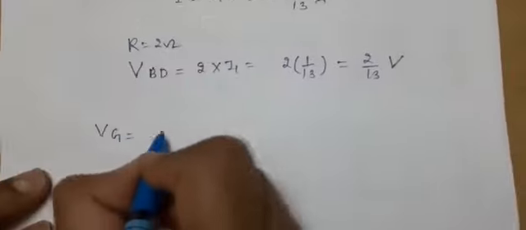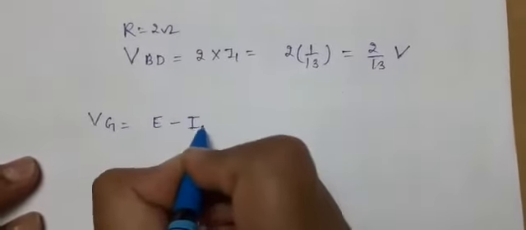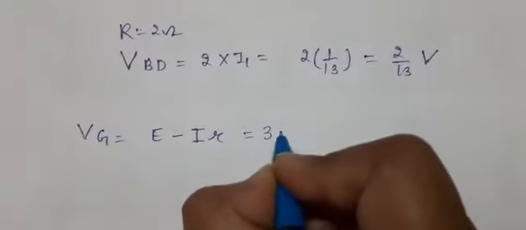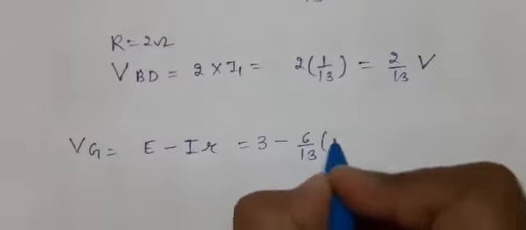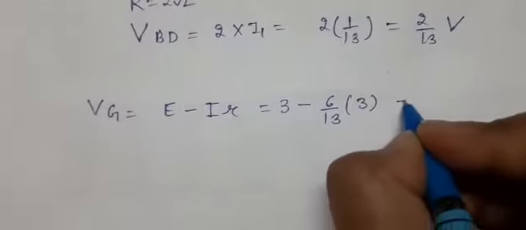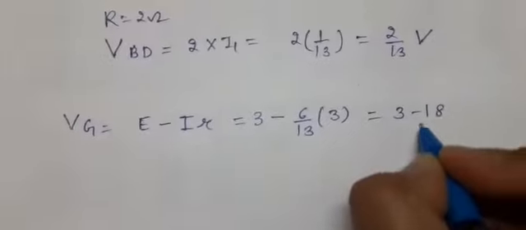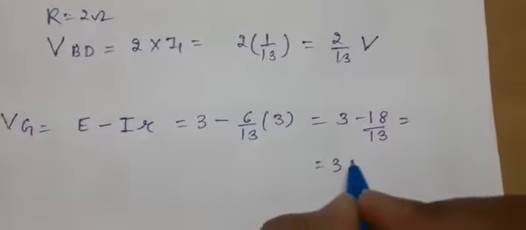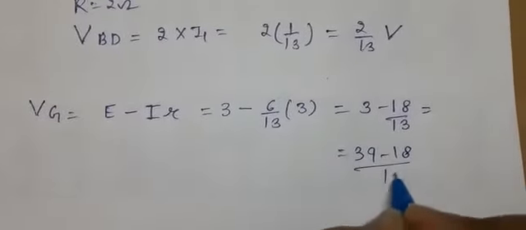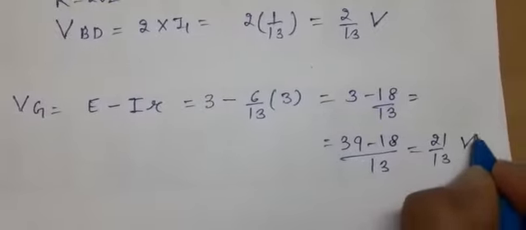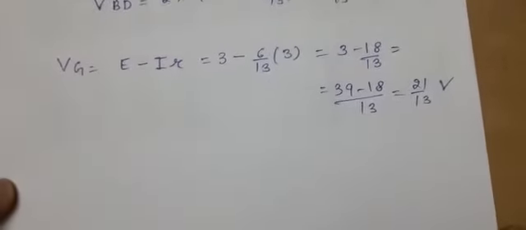So you will write the potential difference across G will be its EMF minus the potential drop across internal resistance. So it will be 3 minus 6 by 13 into 3. Why? Because the total current is I. So it will be 3 minus 18 by 13. By taking its LCM, you are getting 39 minus 18 by 13. So it will be 21 upon 13 volt. You can just divide it.